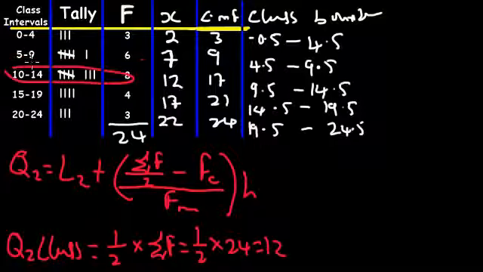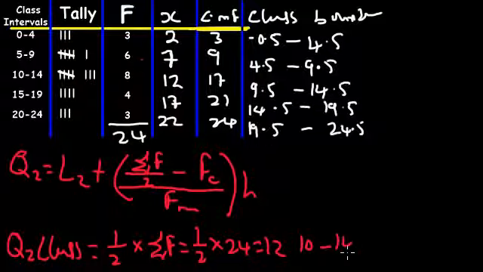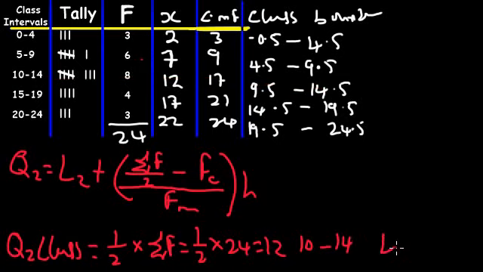So 12 will be 10 to 14. Perfect. So that's 10 to 14. The class boundary in line with it is 9.5 to 14.5. So therefore L2 is 9.5, not 14.5, 9.5. Now that we have L2, we can find the rest.